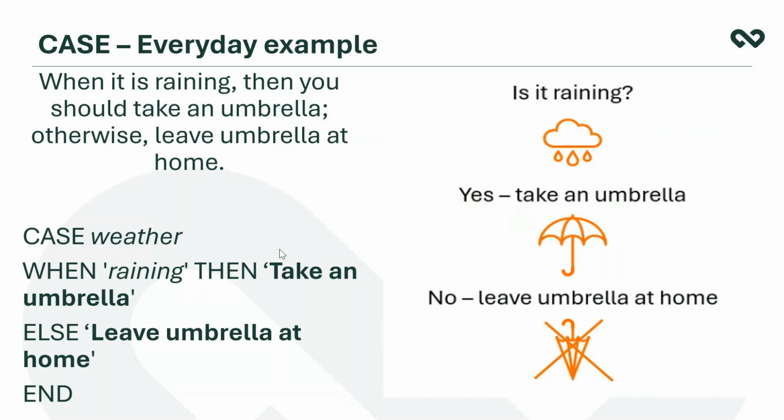So when raining, then, to specify the output we want if the condition is met, take an umbrella. Else, leave umbrella at home. Again, we want to make sure there's an output if none of the conditions are met. So we use the keyword else followed by the text we want to output. And finally, to end the case statement, we use the keyword end.